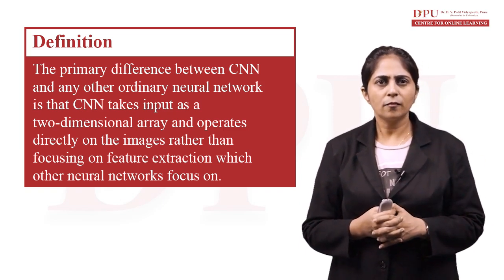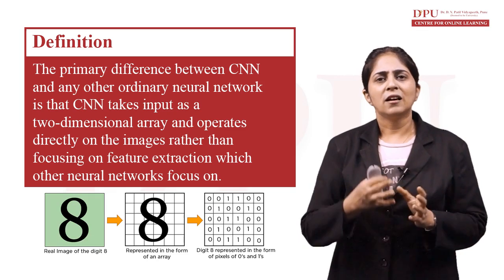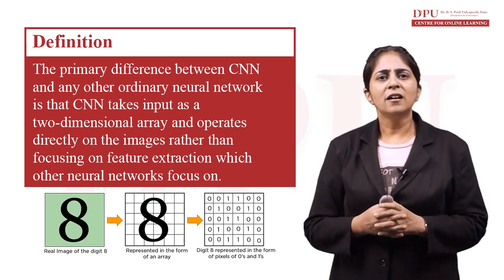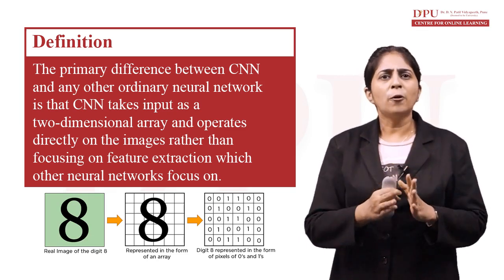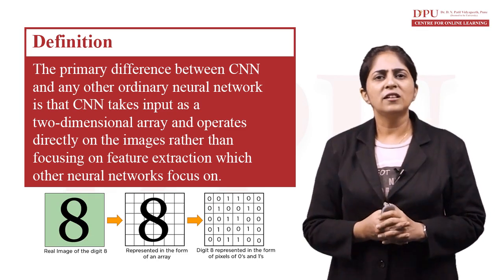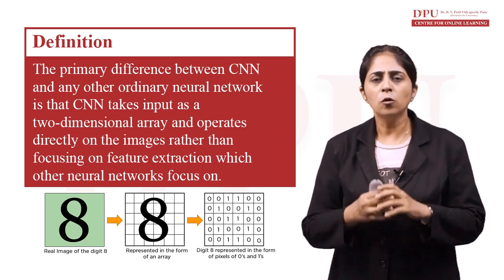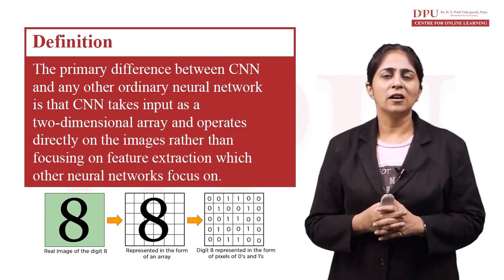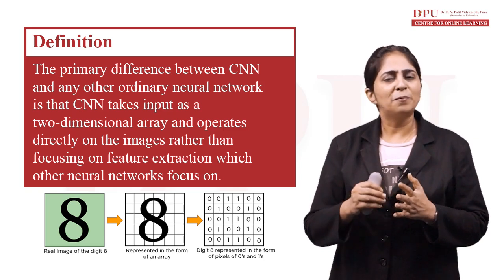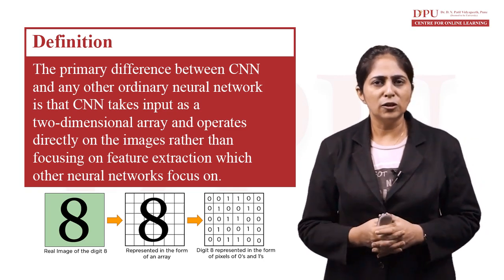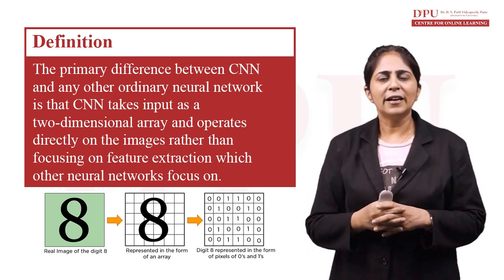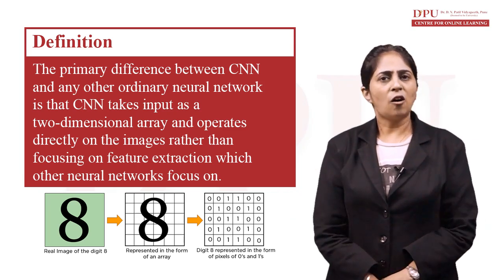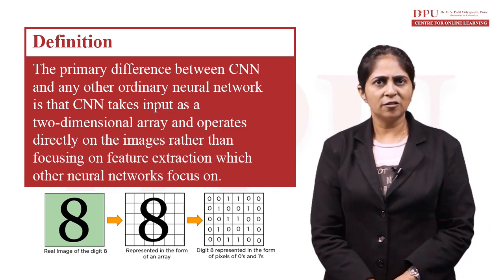As you can see in the image provided, this is a real image of the digit 8. If we want to display an image which has the number 8 written in it, how will this be represented in our convolutional neural network? First of all, it will design an array of that particular image.